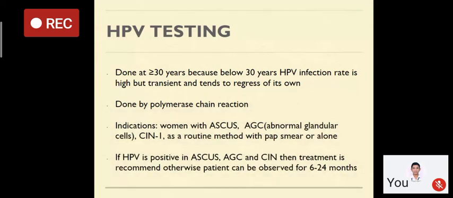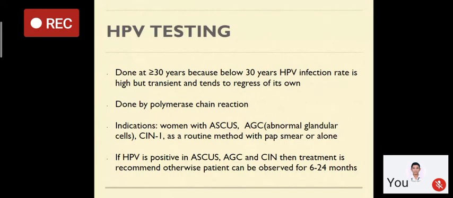So below 30 years there is no need of testing for human papilloma virus, it will be there in all the females. After 30 years, if it is retained, then it has to be followed to see whether it will lead to CIN 1, 2, 3 later on. So HPV testing is started after 30 years of age.